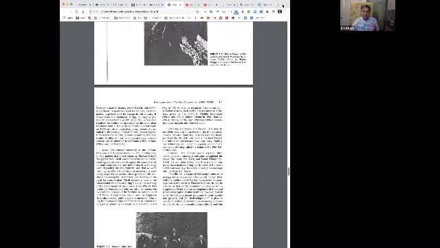DDT was considered wonderful because it killed insects so well, and therefore allowed agriculture to do very well. It reduced the loss to insects, but at the same time, DDT wound up being one of those chemicals that hangs around in the environment and then enters the food chain.